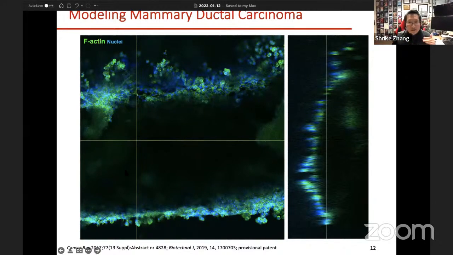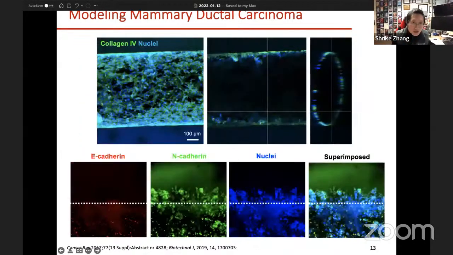And then if you look at their basement membrane deposition, they were able to very effectively deposit collagen type 4, for example, within their growth. And if you look at their migration, it looks like the invading cells had stronger expression of N-cadherin than E-cadherin, indicating a potential EMT process for the invading cells.